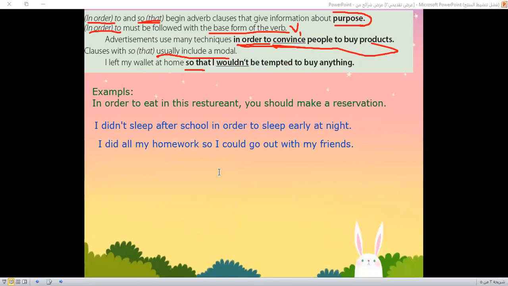Clear, Thalith? Yes. Did you really understand? Yes, thank you. You're welcome, honey. Please take a screenshot and please write it down in your notebook. And please ثالث، أحتاج ترسلوا دفاتركم ضروري جدا.